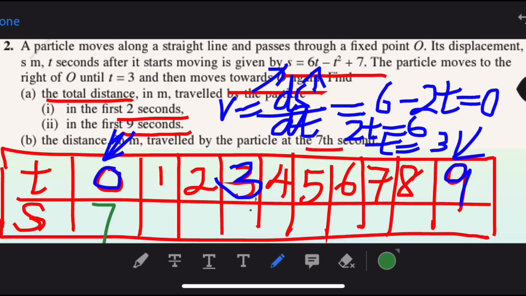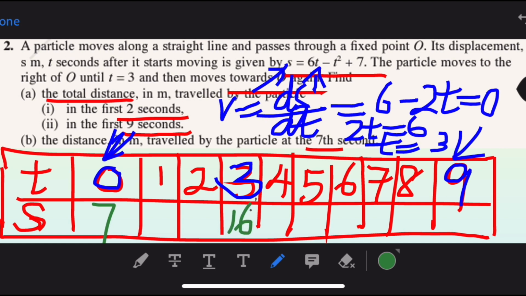And then when t equal to 3, we plug into the calculator: 6 times 3, minus 3 squared, plus 7. So the answer is 16.